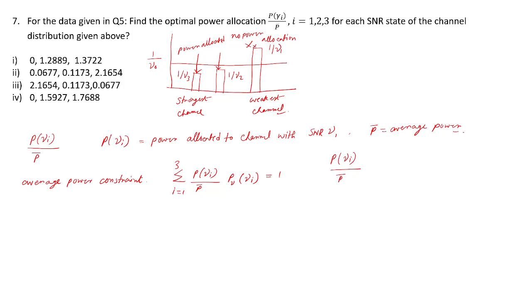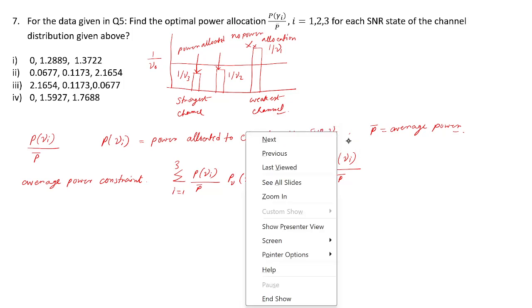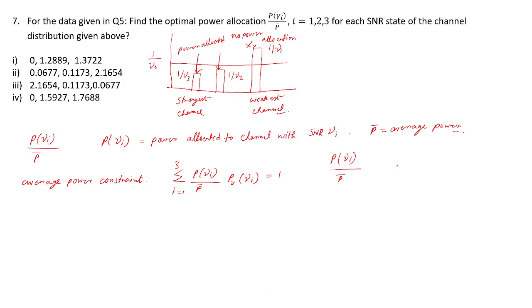This corresponds to, as we mentioned here, the power allocated to the channel with SNR gamma I. This is given by 1 over gamma naught, the optimal value, minus 1 over gamma I, plus, which means nothing but it only assigns power of this quantity, 1 over gamma naught minus 1 over gamma I, if gamma I is greater than gamma naught, otherwise it assigns no power.